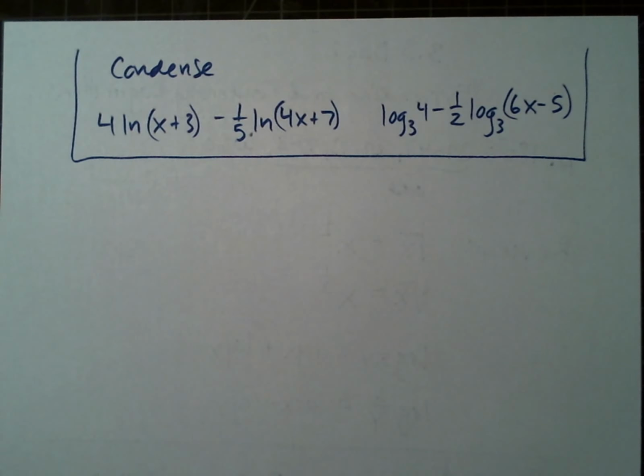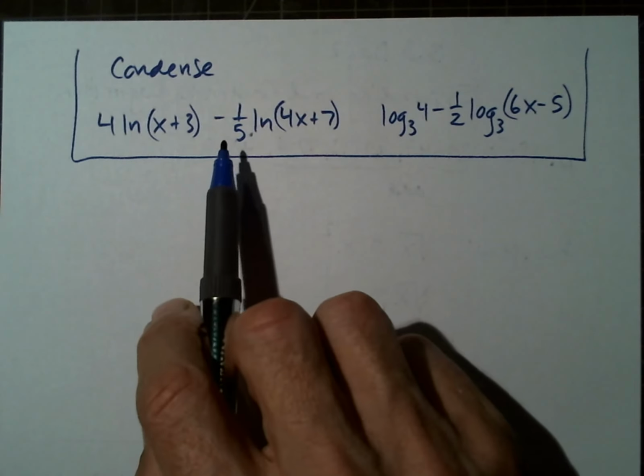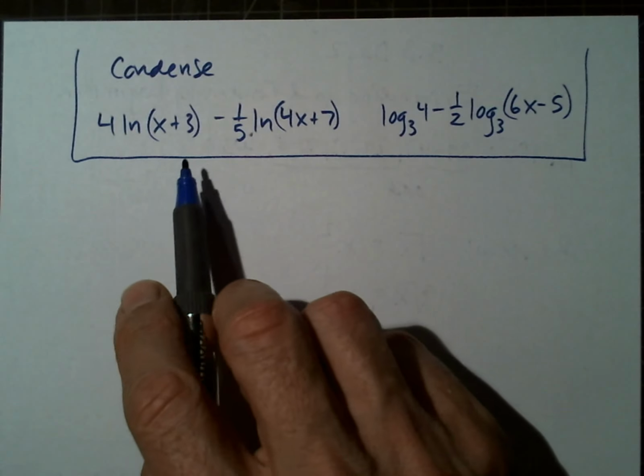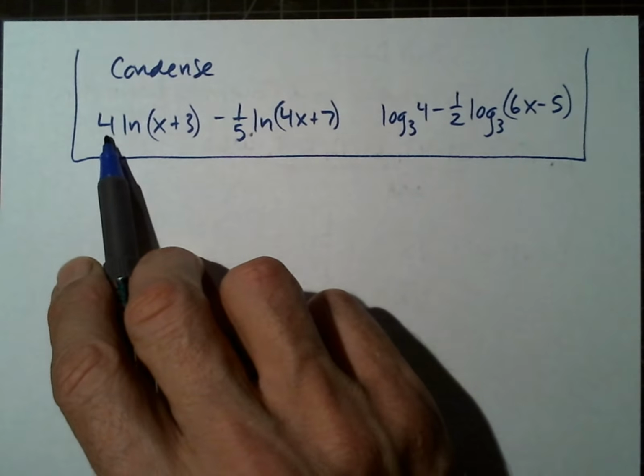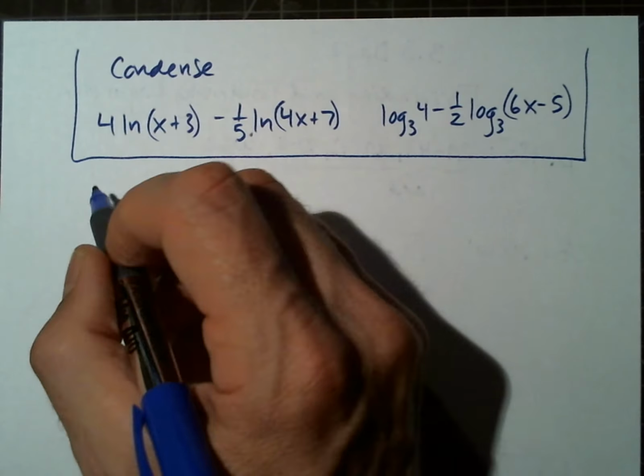So now we have two log expressions, and we want to turn it into one log expression. So we can't have a coefficient in the front, so we'll move that.